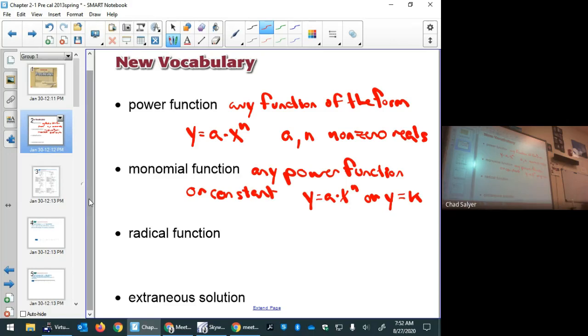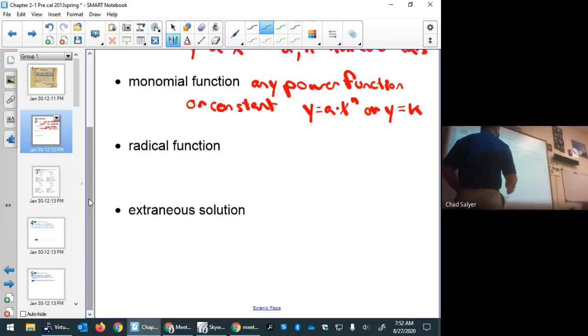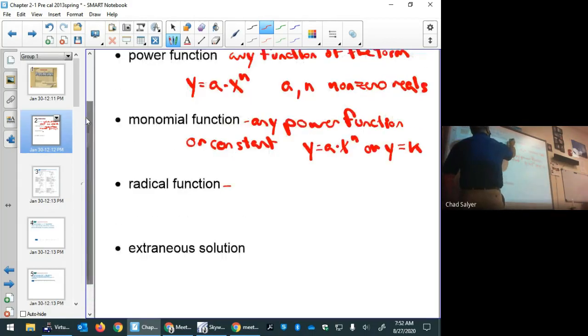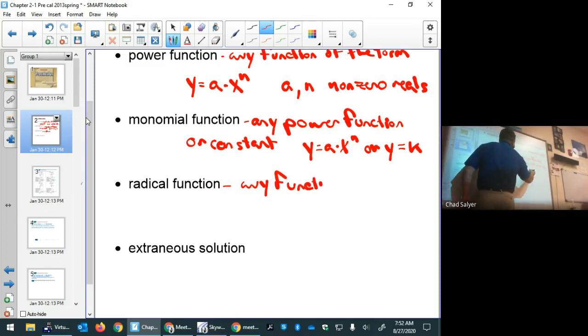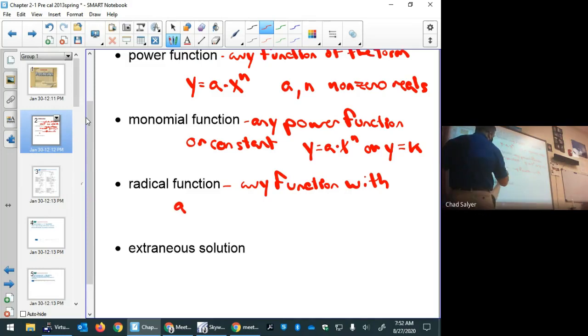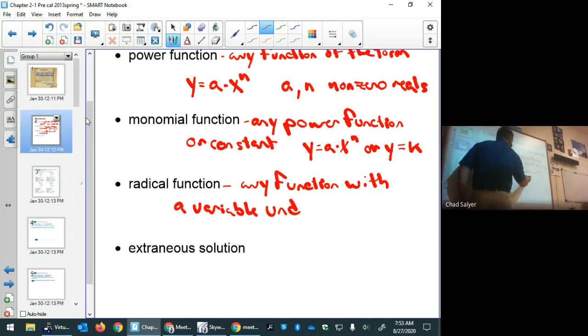A radical function is any function that has a variable under a root.